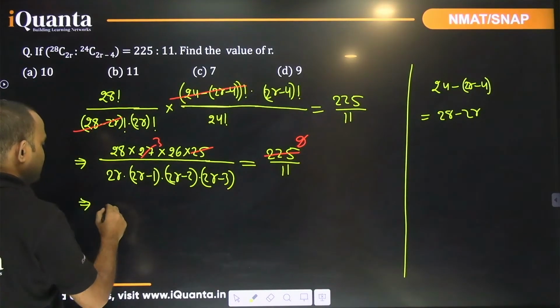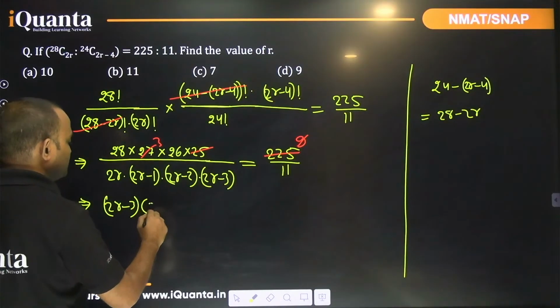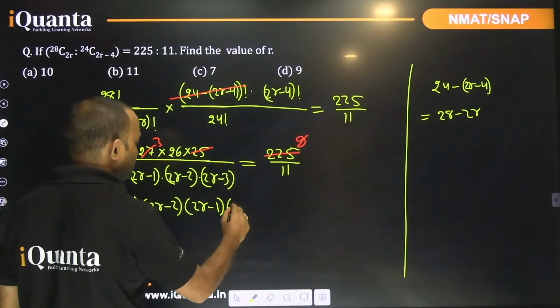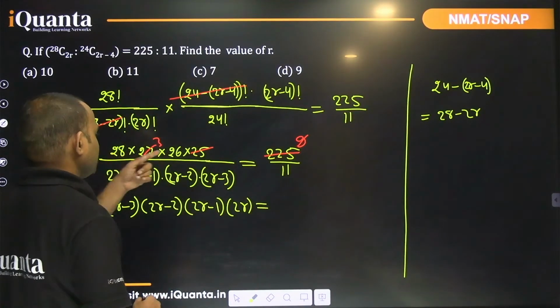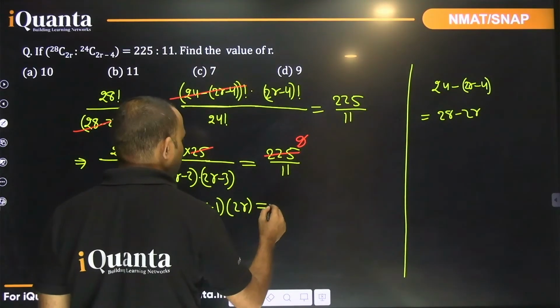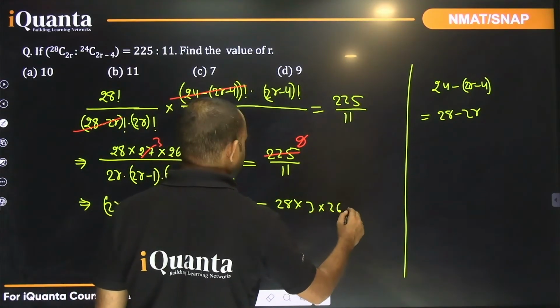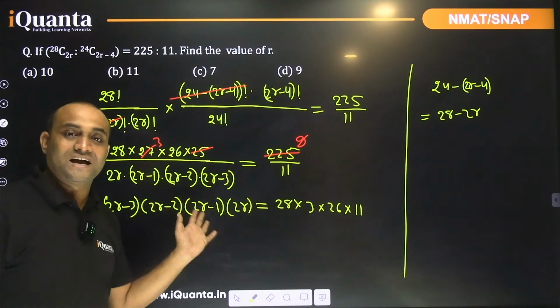Now can we write that 2R minus 3 into 2R minus 2 into 2R minus 1 into 2R is equal to this product, which is equal to 28 into 3 into 26 into 11. These are nothing but 4 consecutive natural numbers, right?